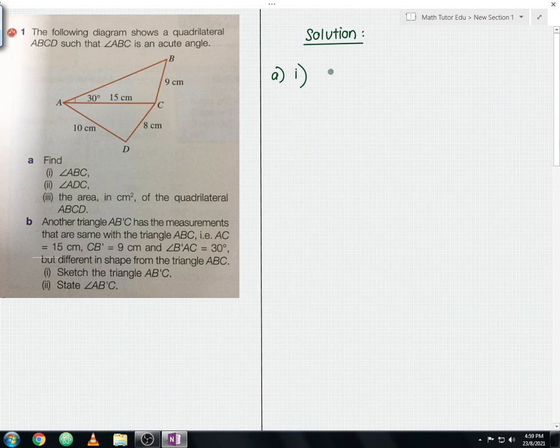So by using sine law, sine 30 degree divide with the adjacent length, which is 9 centimeter in this case. Let me underline the fraction.